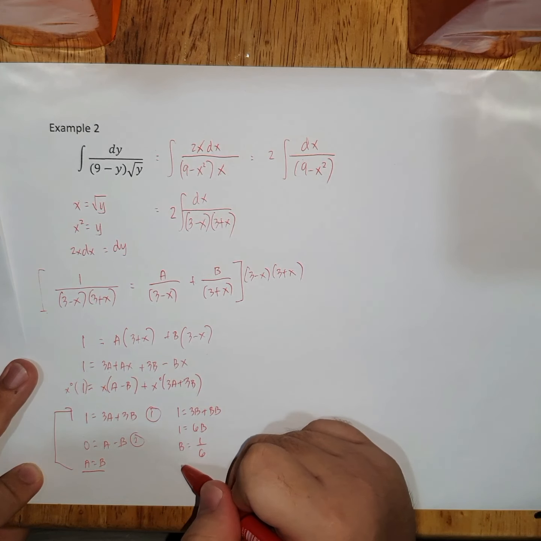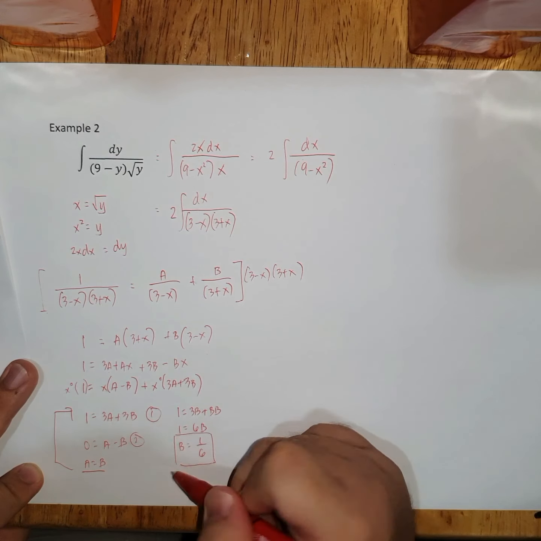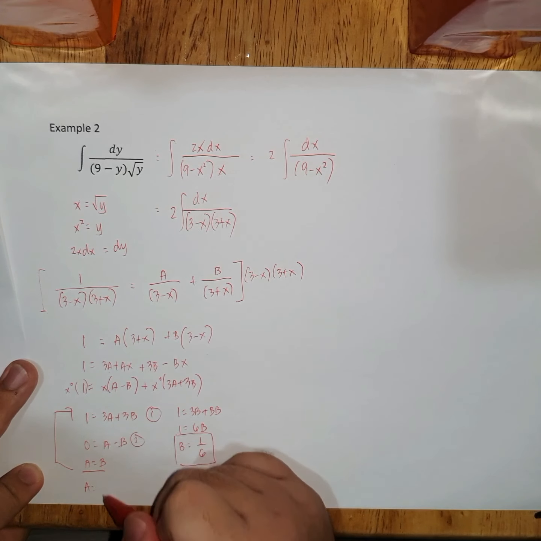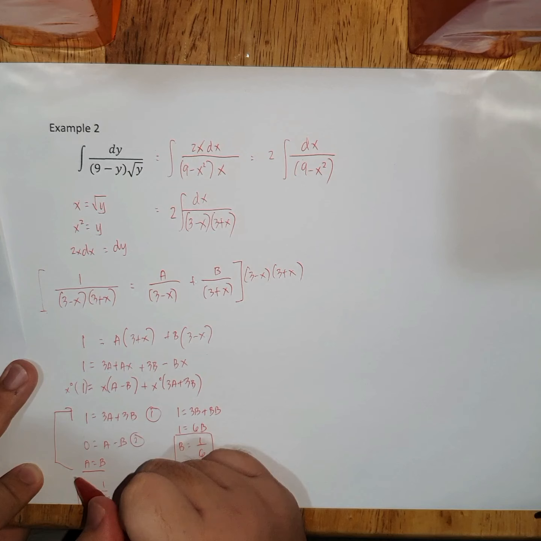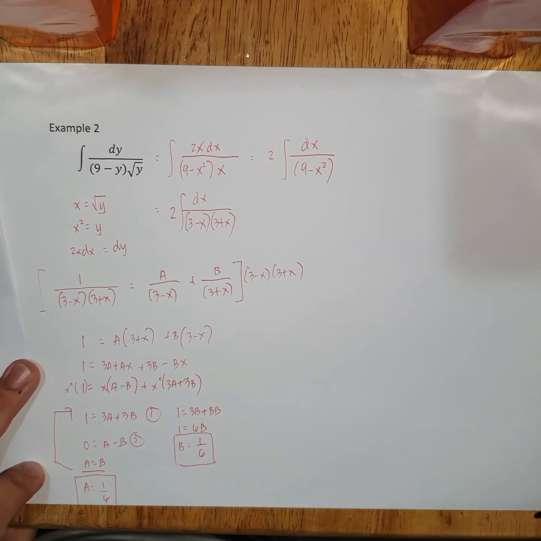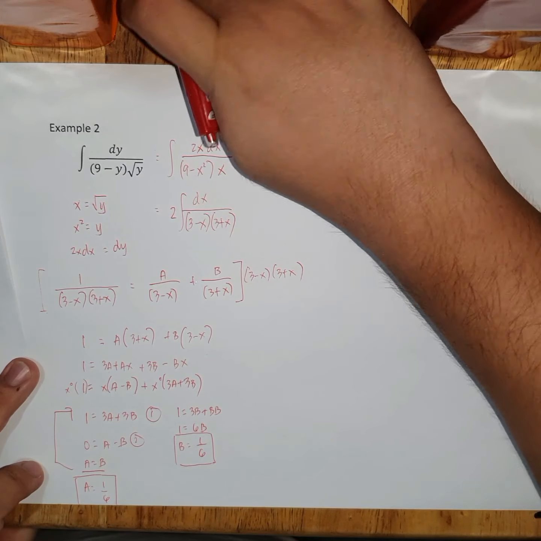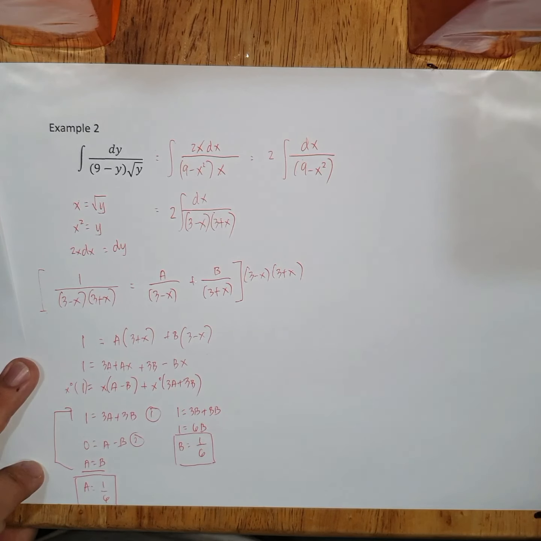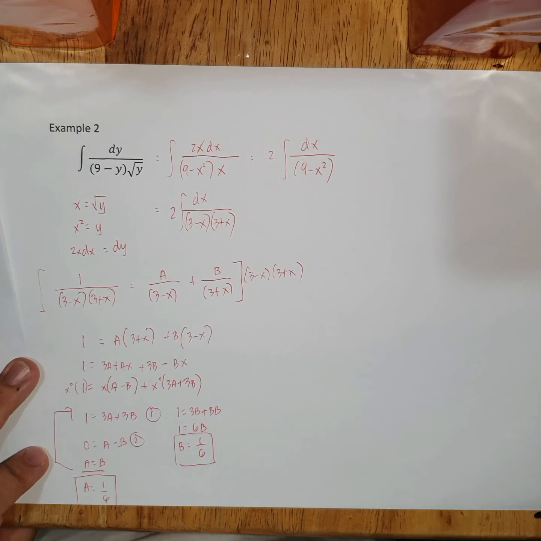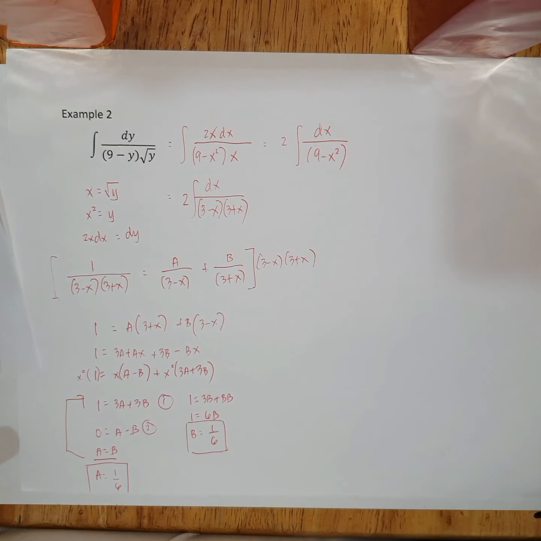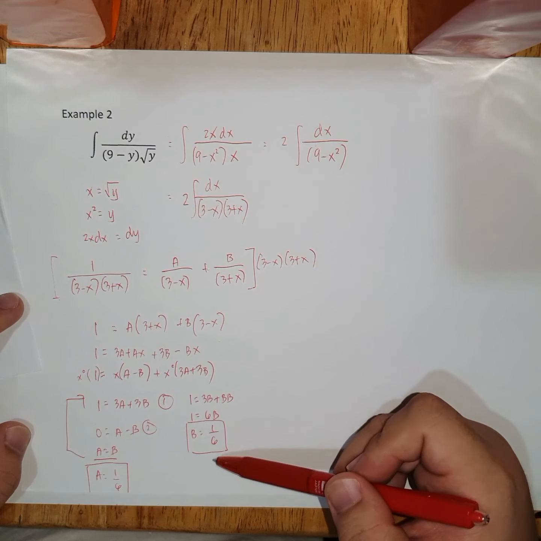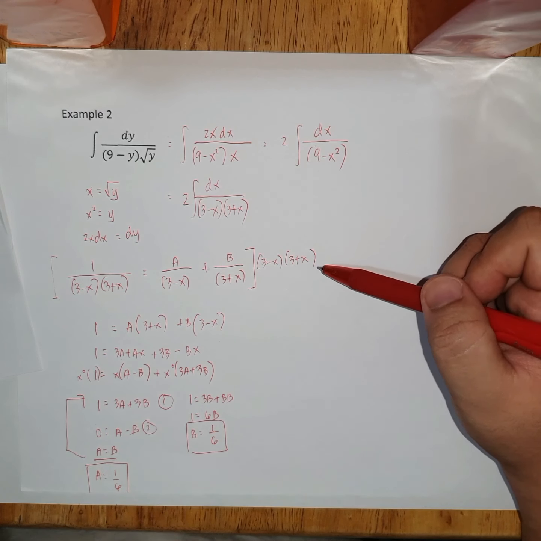Whatever the value of b, this will also be the value of a. So those are the values of a and b. What we will do now is substitute these values into our original fraction.